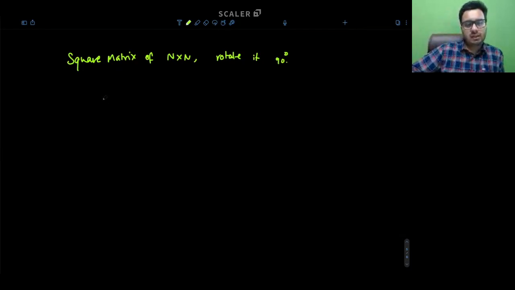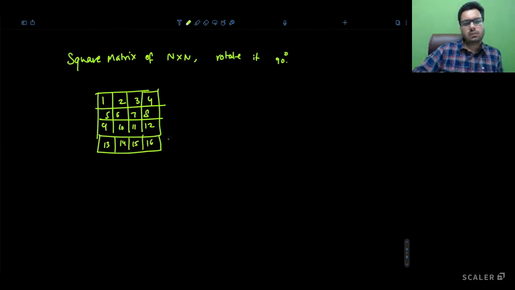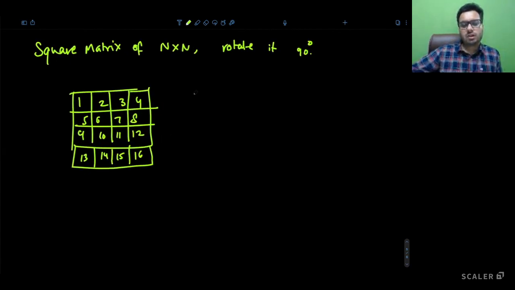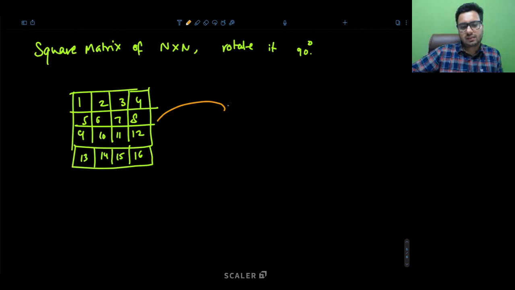For example, if the matrix looks something like this, the output should look something like this.